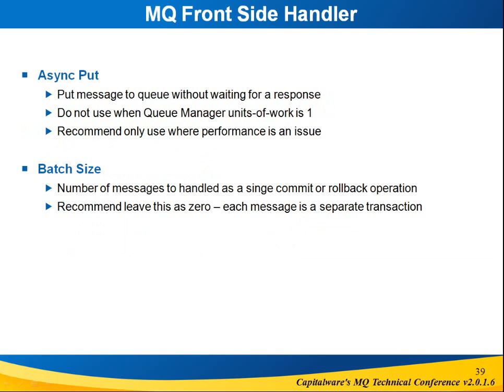Async put. This is an option that lets you put a message to a queue without waiting for a response. It will not work properly if you have units of work set to 1.